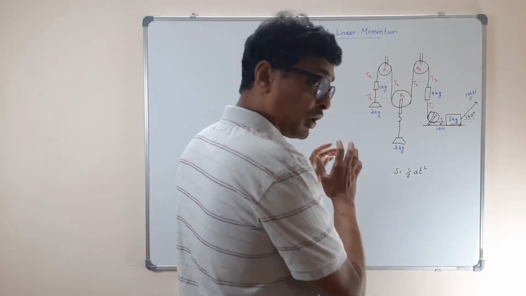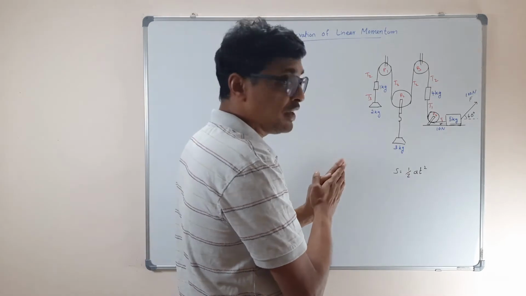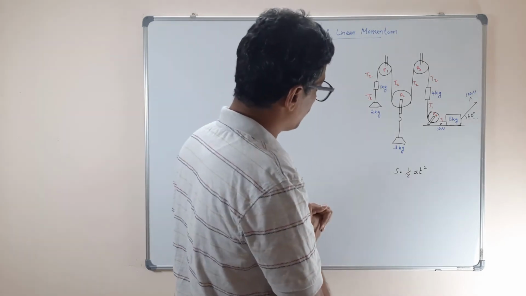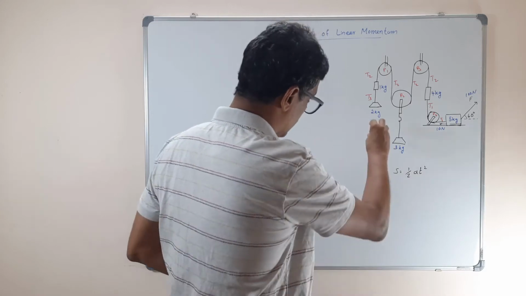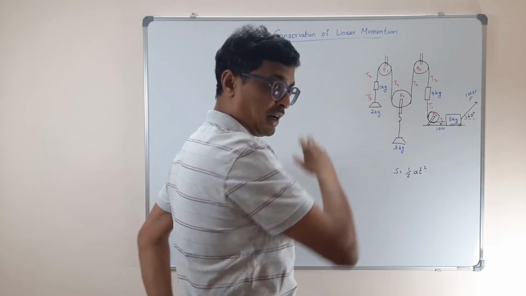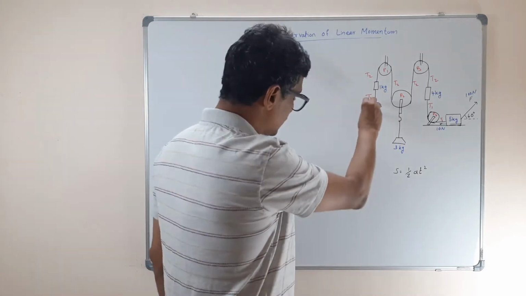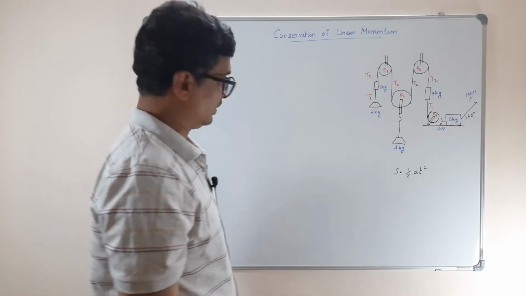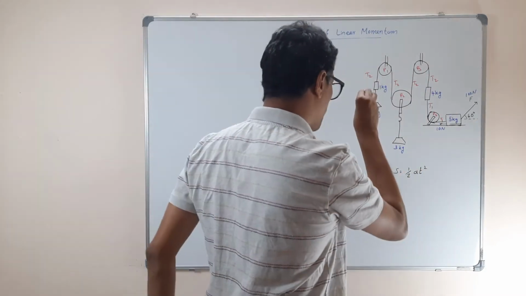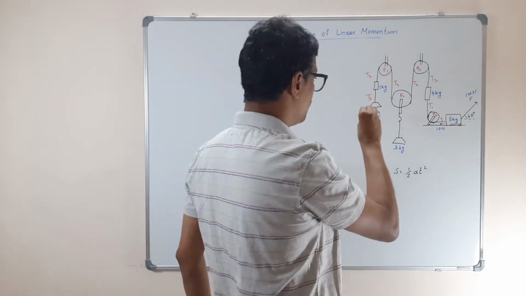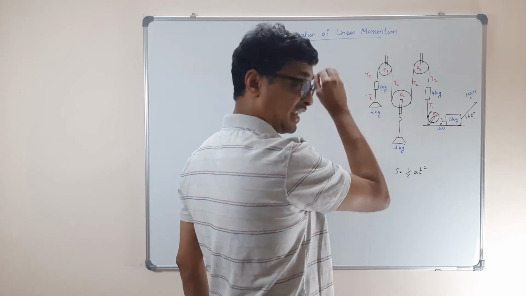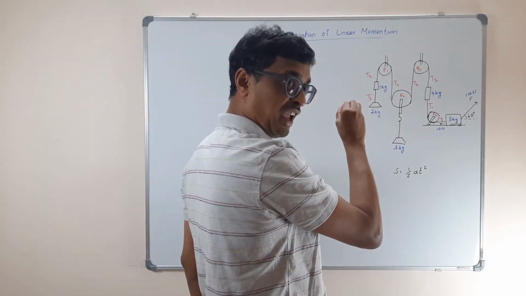Now if I want to find the acceleration with which these masses are moving, one convenient tool is a free body diagram. What do I mean by a free body diagram? Suppose I want to find the acceleration of this 2 kg mass. Just pick it up, remove everything else, and look only at this mass and see what forces are acting on it and in what direction.